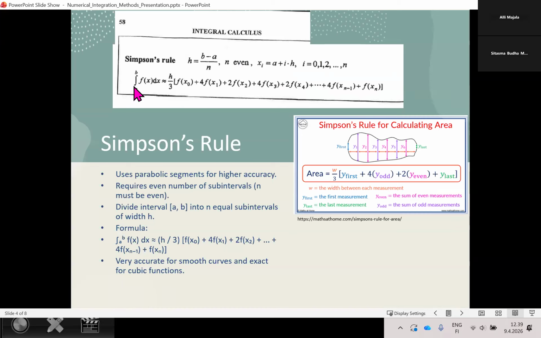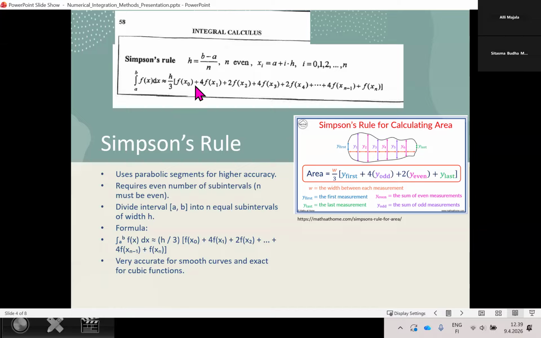And when you have this definite integral, you can approximate it with this kind of formula. This has been formed through thinking that this upper part would always be a parabola.